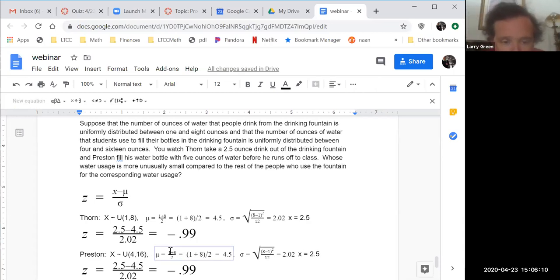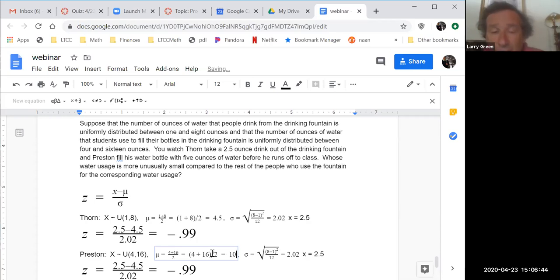Okay, and then I can take the mu, and instead of 1 plus 8 over 2, now it's going to be 4 plus 16 over 2. And 4 plus 16 over 2 is 20 over 2, which is 10.